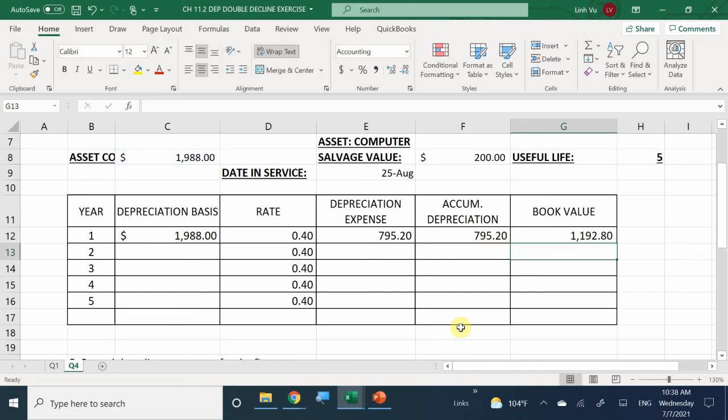Nathan recognized this. For the first year, I can't depreciate it for $795.20, because that is for the whole year. How old is my asset? Only 4 months. When did I place it into service? September.